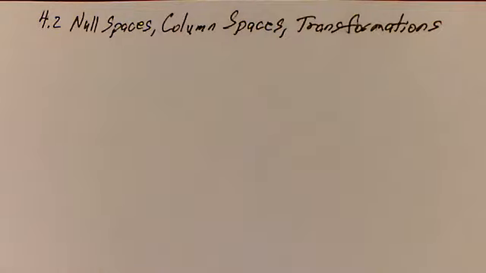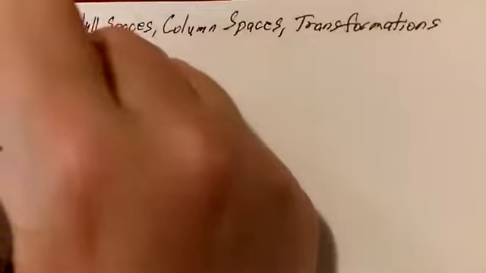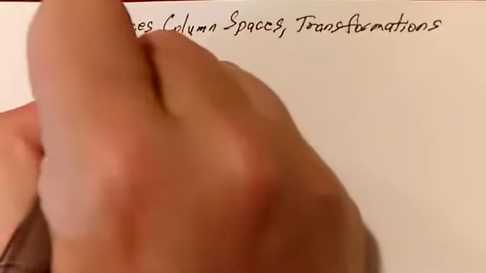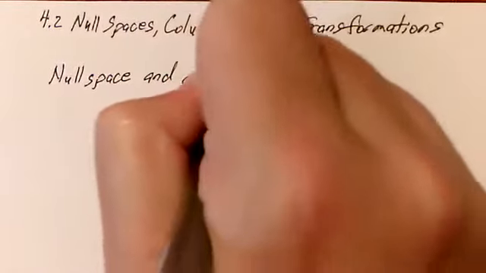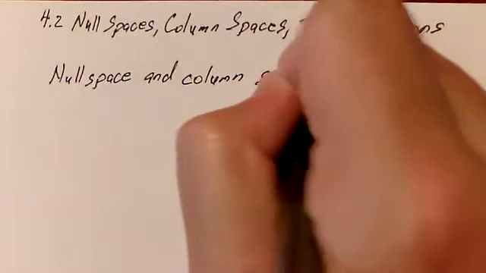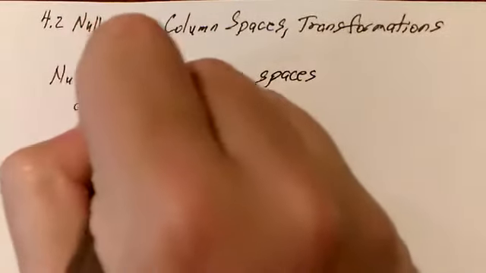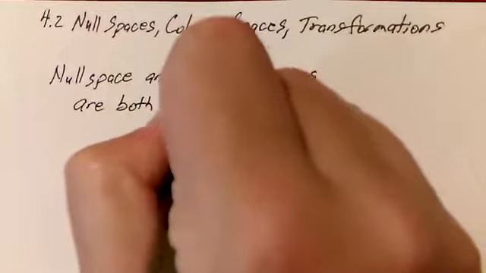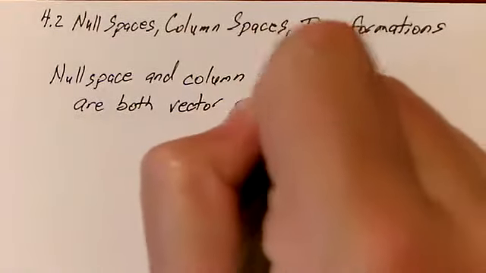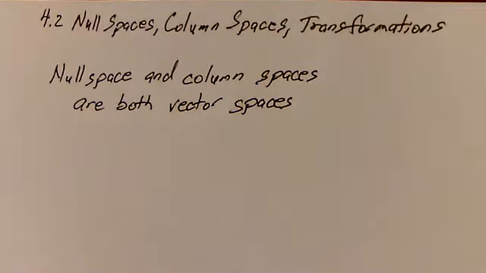So the first thing to know is that the null space and column space are both vector spaces. Okay, and let's think about why that is. In order to be a vector space, we have to meet those 10 criteria, okay?